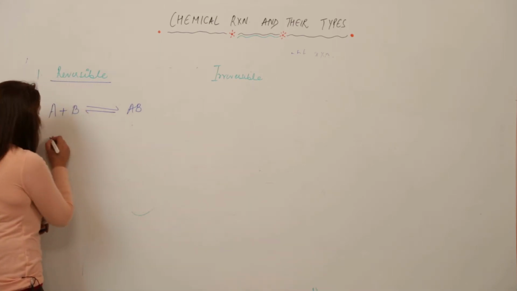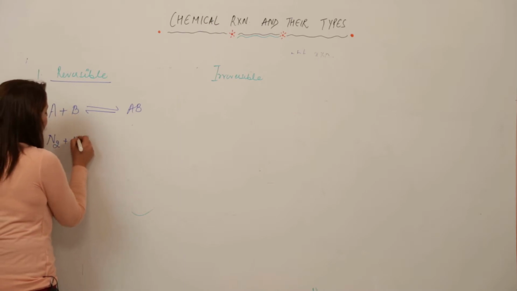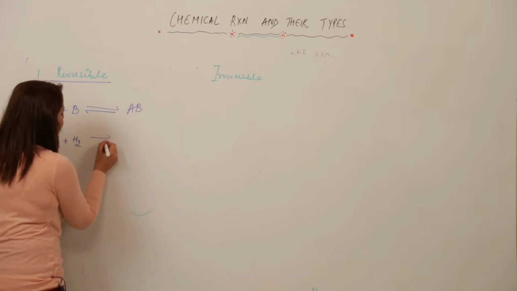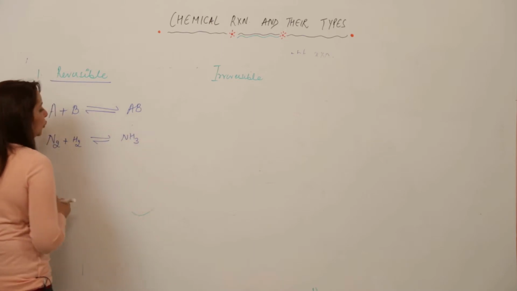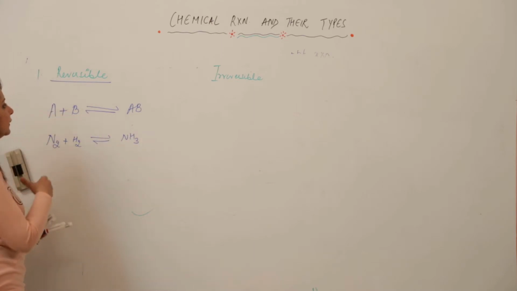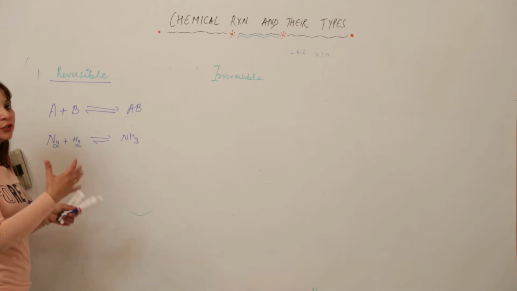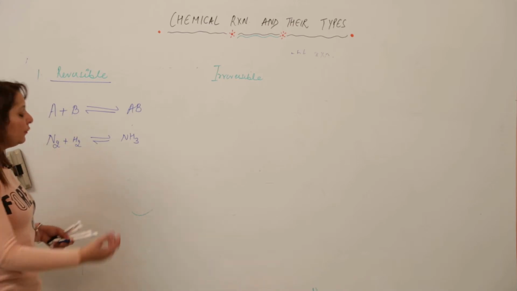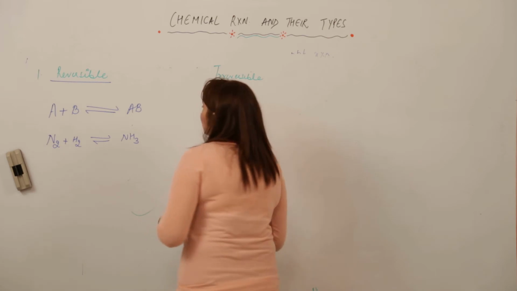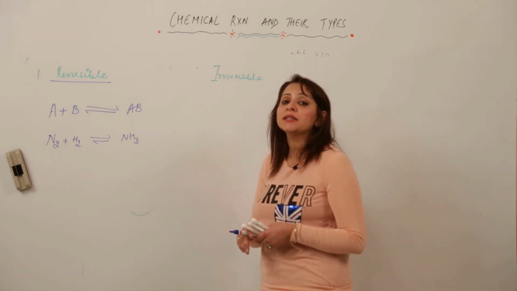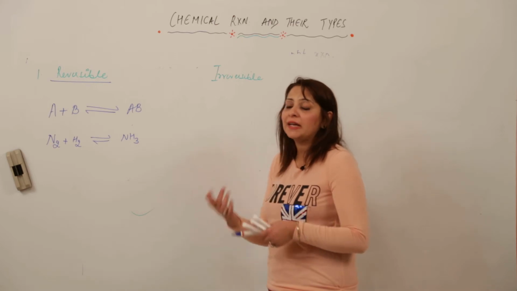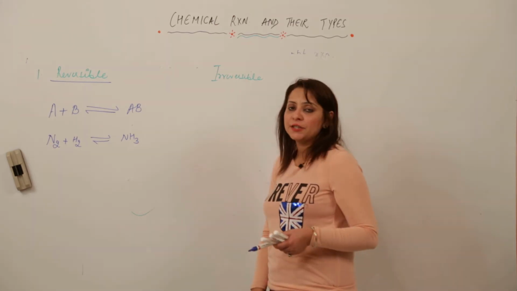For example, we have the Haber's process as a reversible reaction, where the reverse sign indicates it leads to the formation of ammonia. Now when we talk about an irreversible reaction, any reaction which cannot be reversed, in which the products cannot unite back to form the reactants, is considered an irreversible reaction.